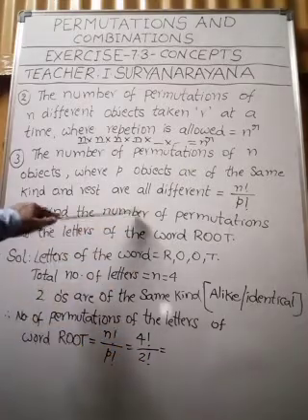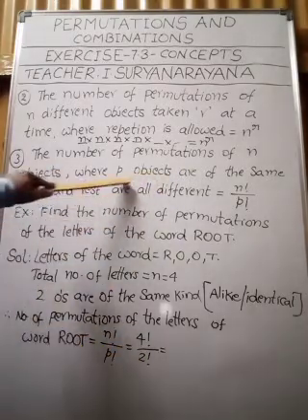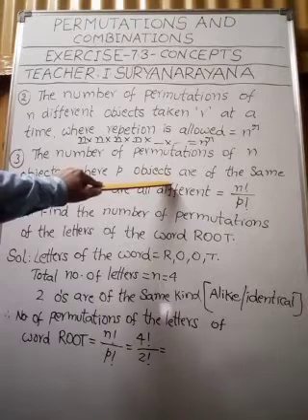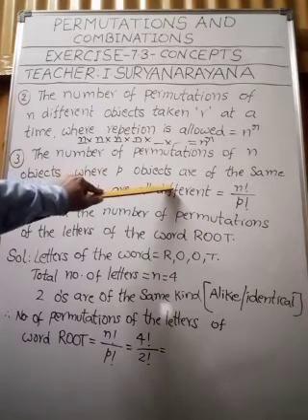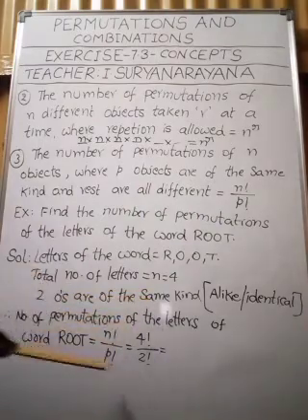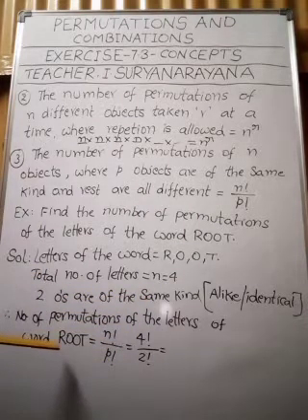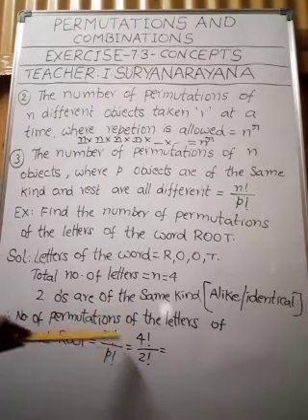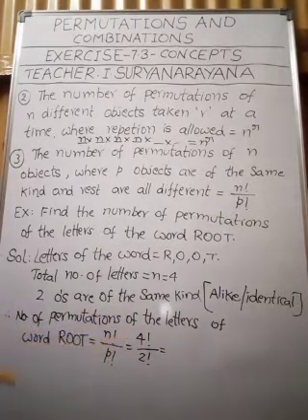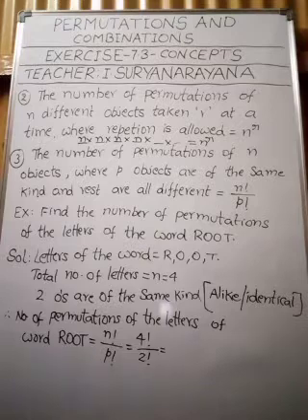Here identical objects are there. Some objects are alike. Some objects are of the same kind. In this case, to find the number of permutations, we follow this method. In the previous exercise, we found the number of permutations of n different objects.